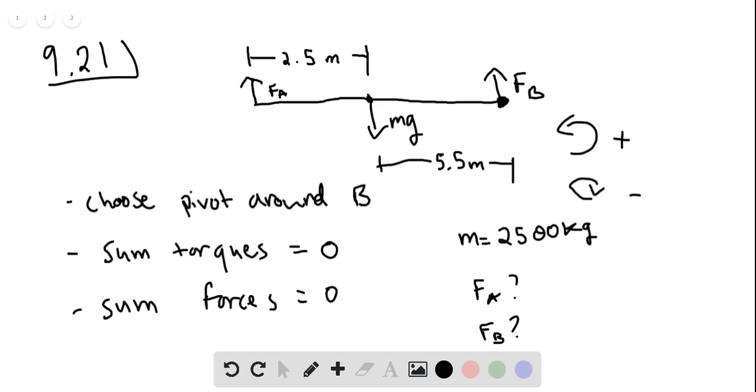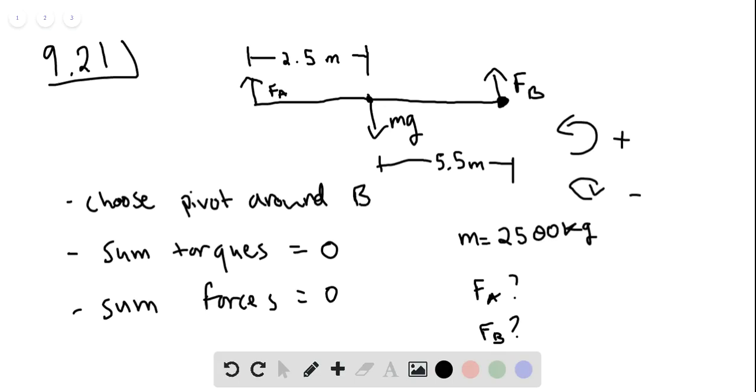The trailer itself has a weight, starting from this M equals 2,500 kilograms, and then with gravity, you're going to have a weight on the trailer, so that's what's in the middle. And then there's also a force on the trailer caused by the support in the truck. That's FB. So what we're going to want to do here is use Newton's second law to our advantage.